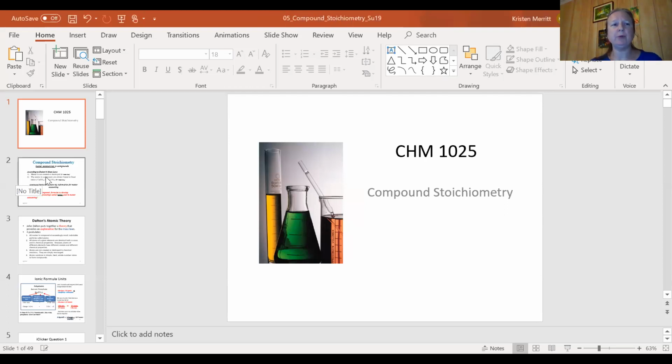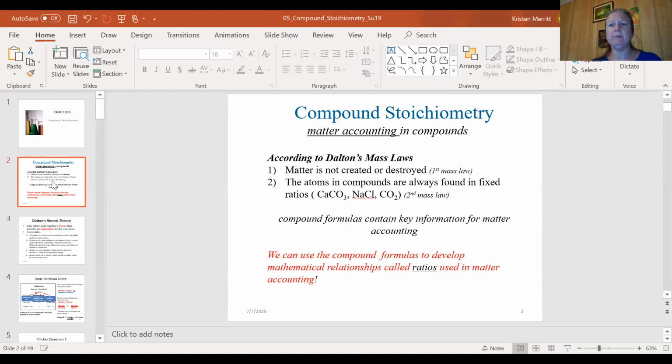And stoichiometry is basically accounting in chemistry. It's keeping track of the matter, of the atoms, ions, compounds, depending on what it is you're keeping track of. And we're able to do stoichiometry because of the mass laws.